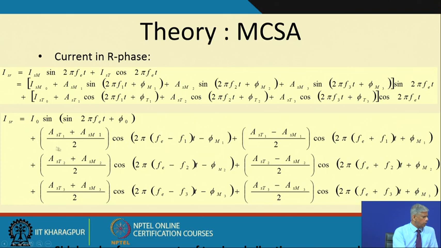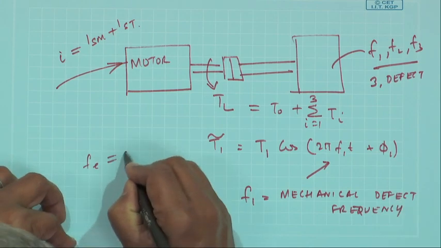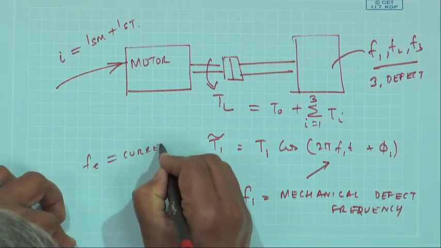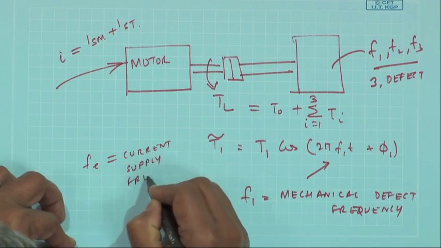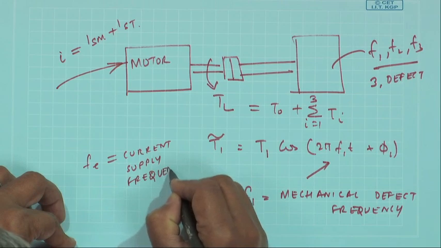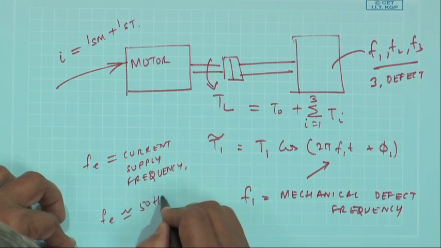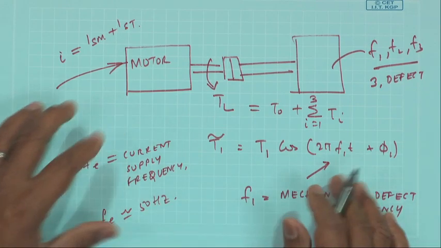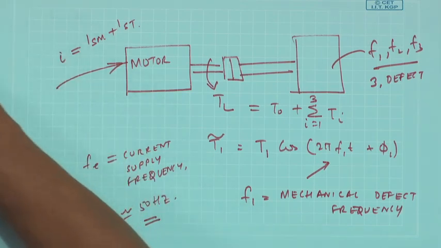The total current drawn will have a certain amplitude, but most important is that it has terms like Fe minus F1, where Fe is the current supply frequency. For example, in our country, Fe is 50 hertz, in the United States it is 60 hertz. But this is the constant current frequency at the supply side.